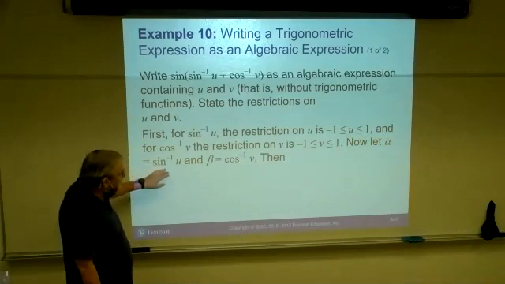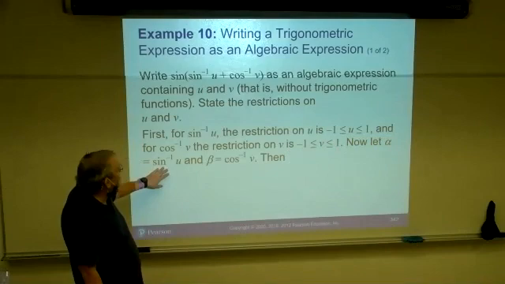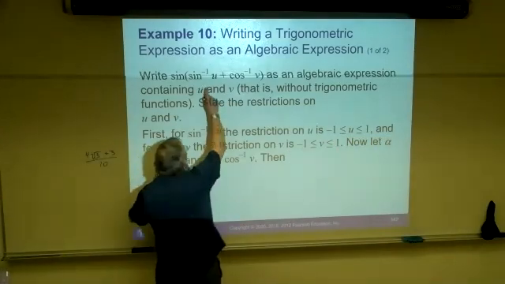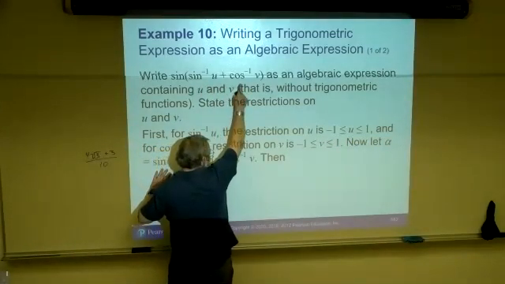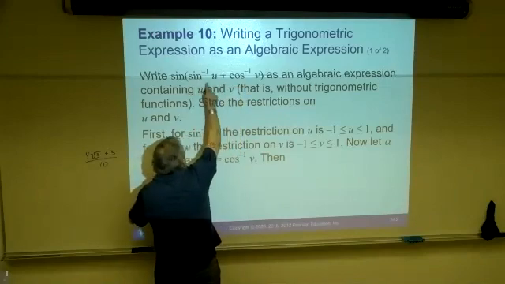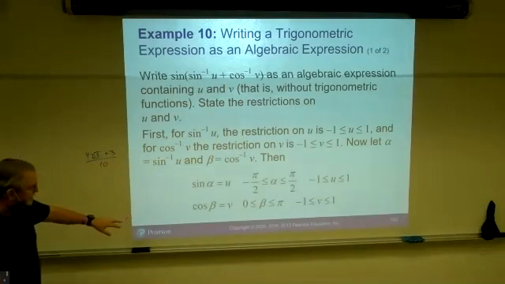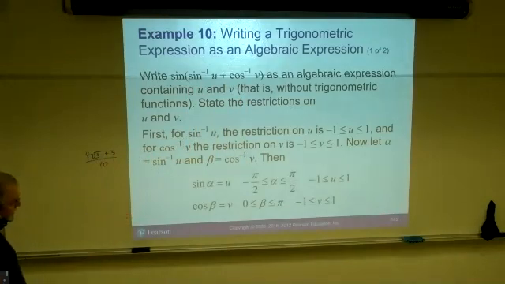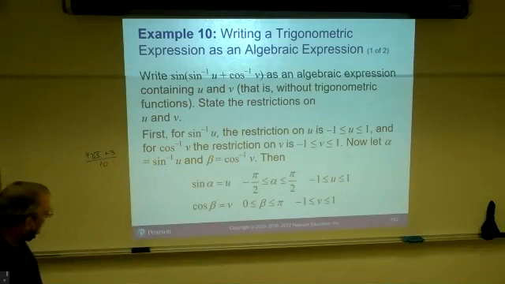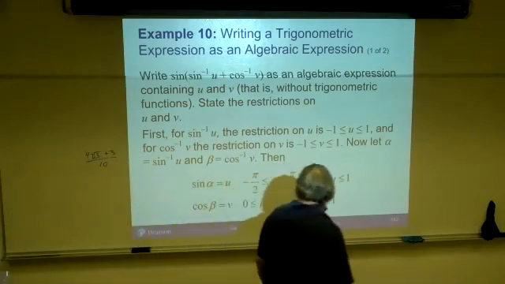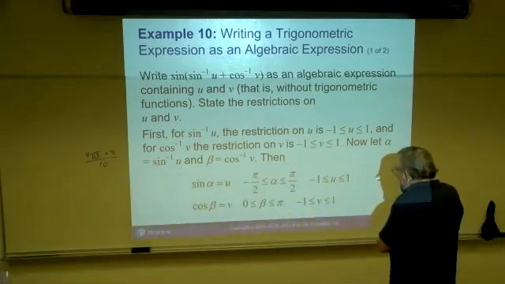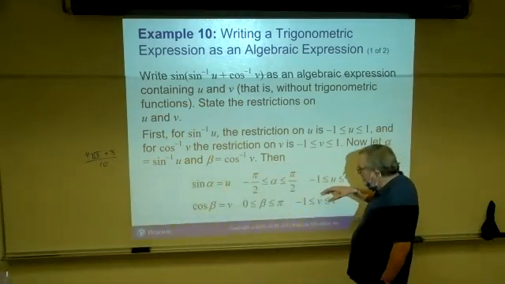And then setting alpha being sine inverse, this is going to be sine of alpha plus beta is what we're doing. So we can rewrite it this way. And now we know that alpha and beta are going to be restricted.